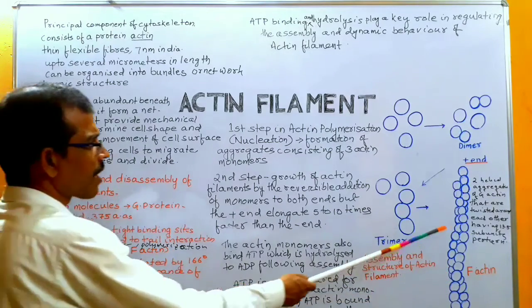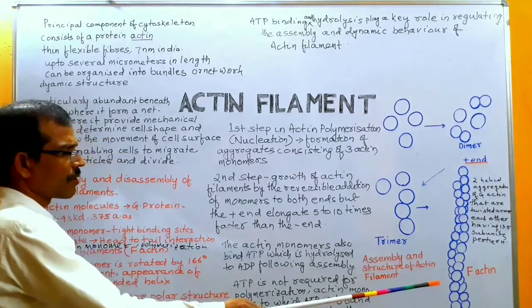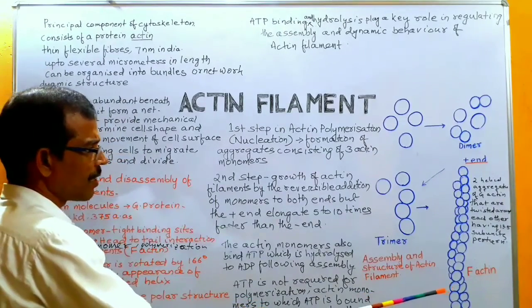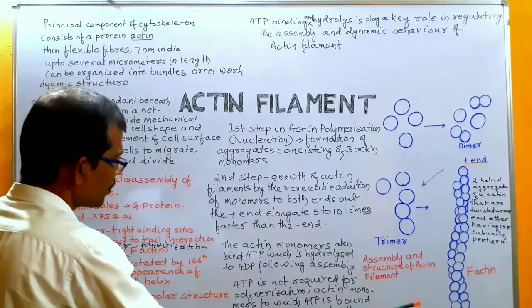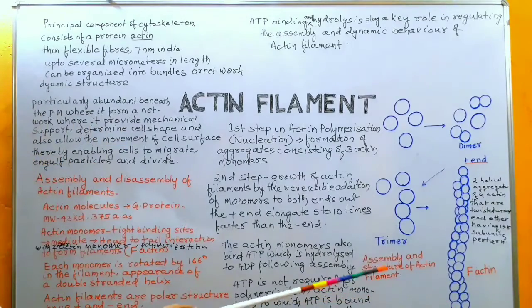Actin filaments are dynamic structures, that means they undergo continual assembly and disassembly within the cell. The actin filaments are abundant beneath the plasma membrane where they form a network. This network provides mechanical support.